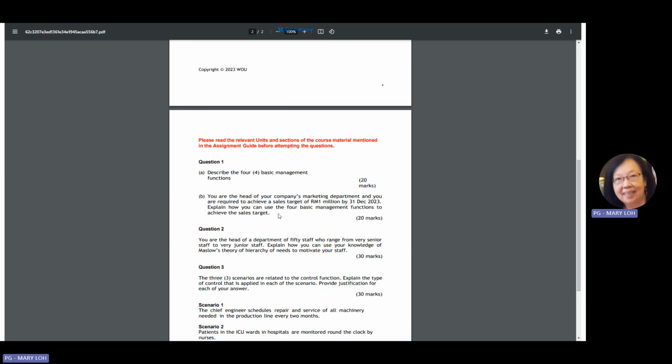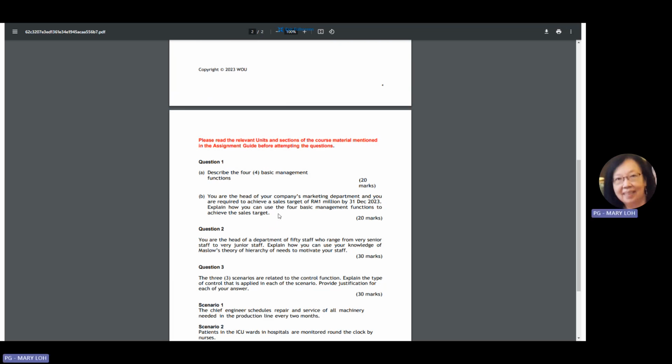After setting that particular target or objective, the next step, still under planning, is to explain that various marketing strategies will be developed in order to achieve the sales target of 1 million.